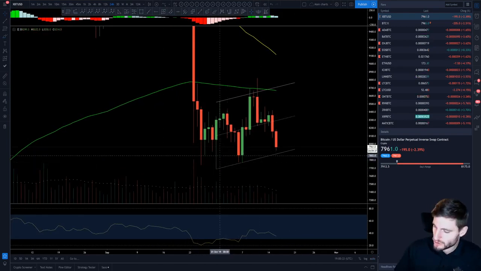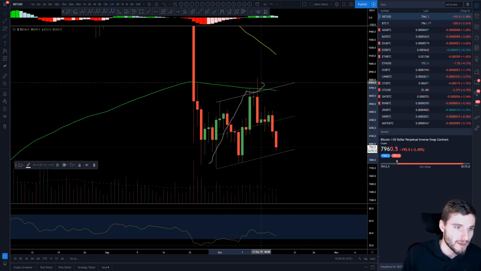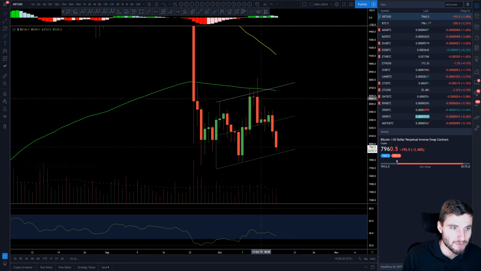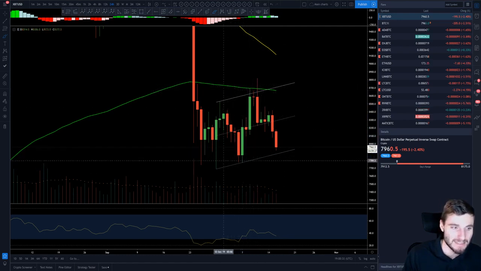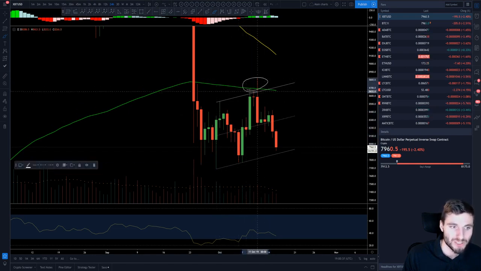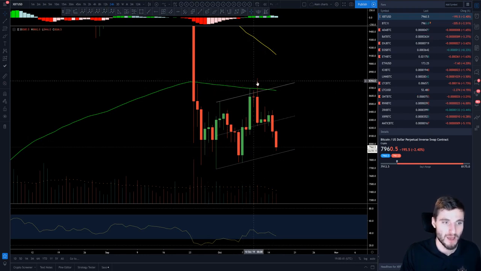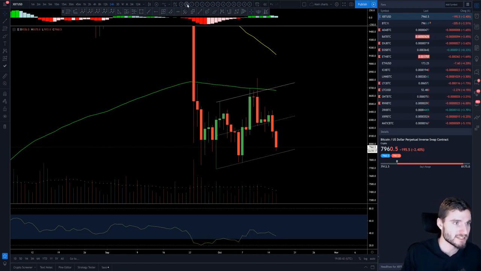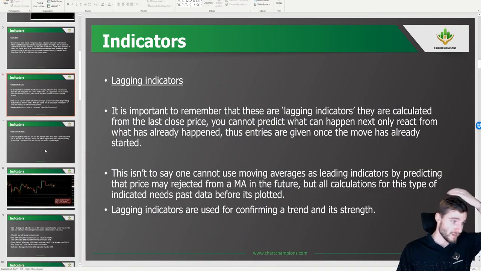You could use the moving average as a leading indicator in envisaging a move back up to test this and then move back down. So this is an example of a moving average being a leading indicator in the fact that you're envisaging price before it gets there to reject from the 200 and move down. Obviously they're plotted from past data, but it's a way you can use it.